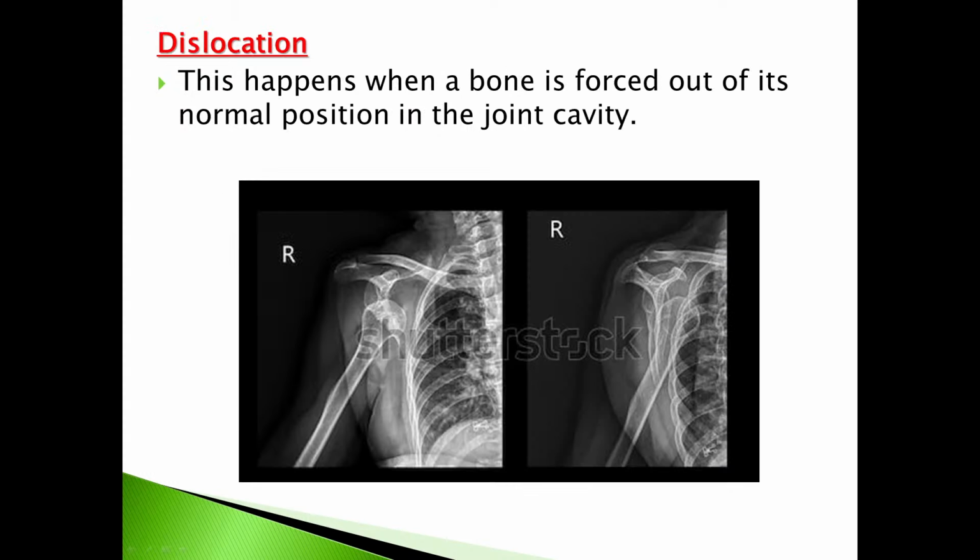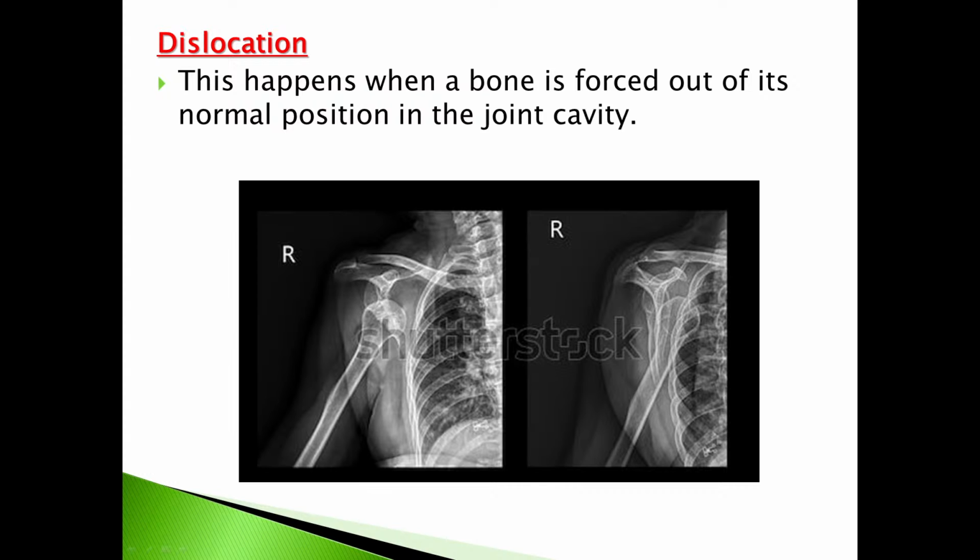Alright, so dislocation. Normally whenever somebody's hand slips out or their knee slips out, rather than saying that their knee slipped out or their shoulder slipped out, you call it dislocation. Dislocation means that the bones move out of the correct position or location.